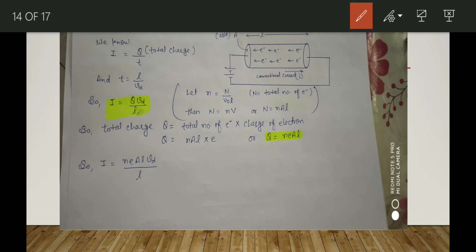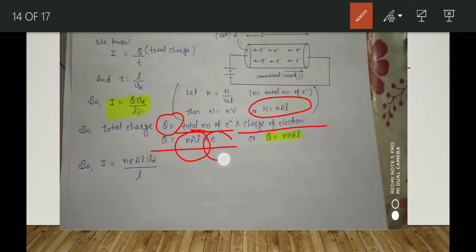So what will be the charge? We will multiply the total number of electrons by the charge of an electron, then we will find the total charge in the conductor. Total number of electrons nAL, charge of electron e, so total charge q is equal to neAL.